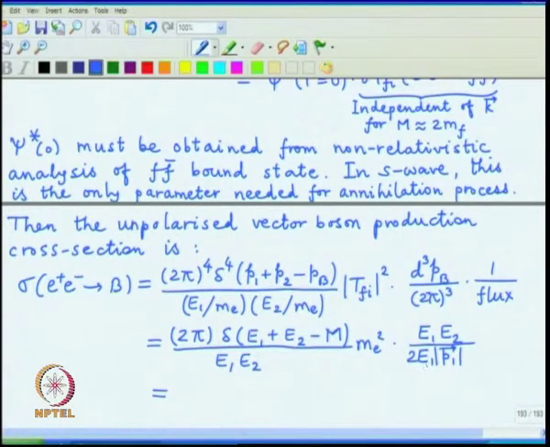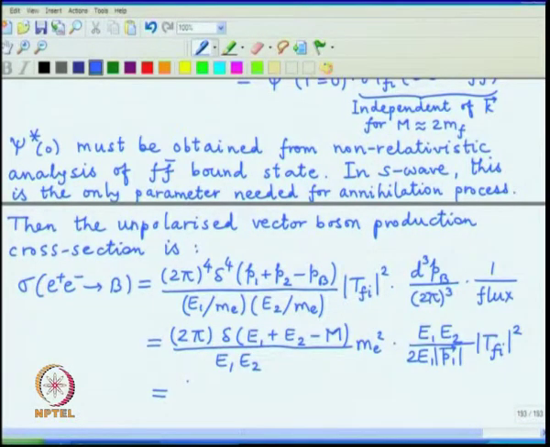These various factors are easily taken care of. The energy factors cancel, E1 P1 survives. I forgot here this TFI square, and so the result can be written as, cancels out various things.